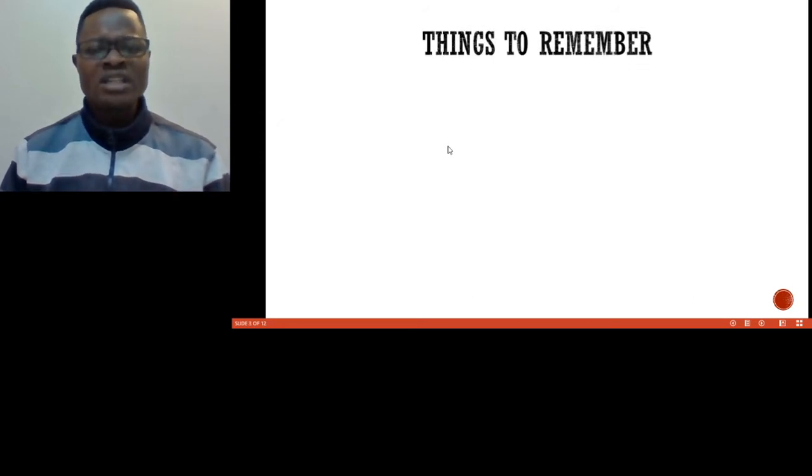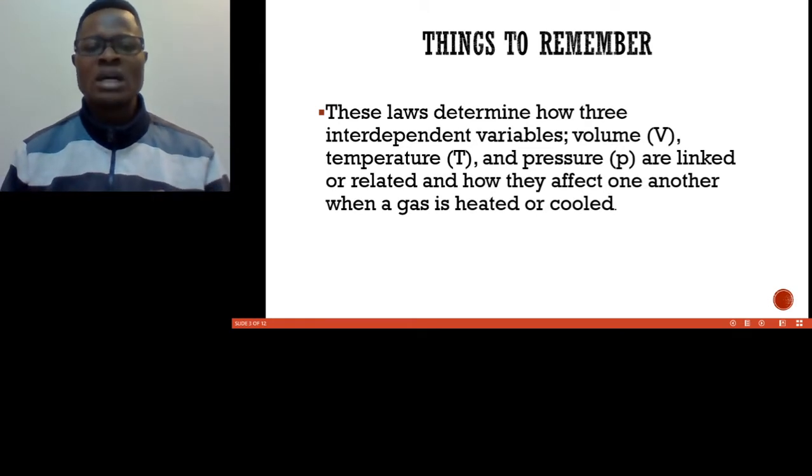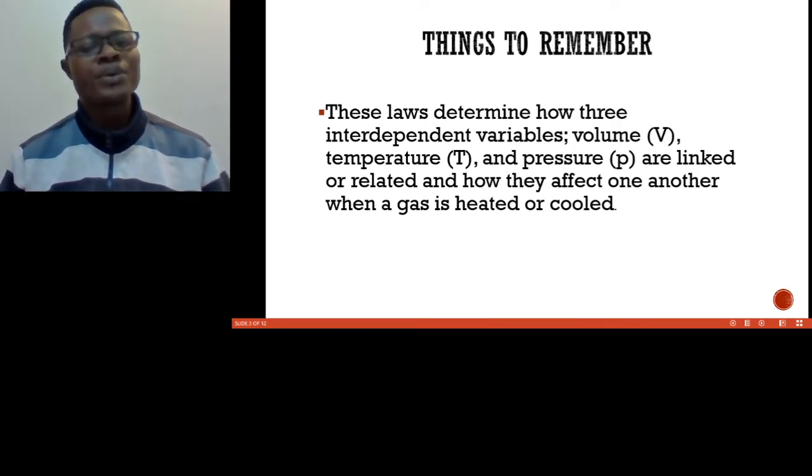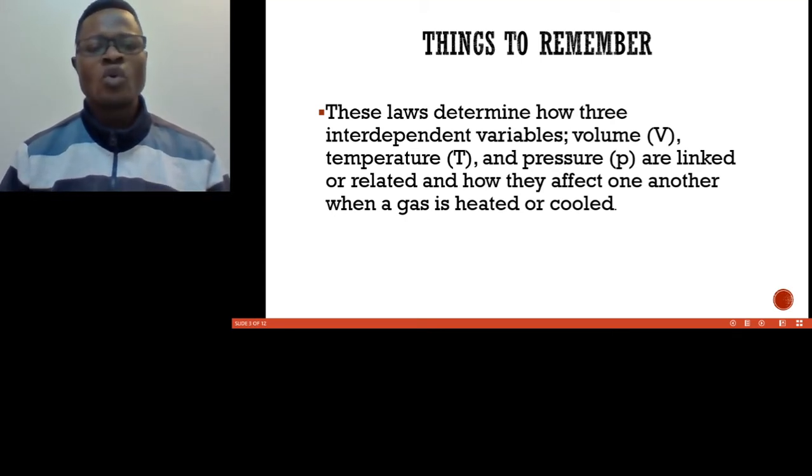Now, there are things that we have to remember when we talk about gas laws. These laws determine how three interdependent variables, that is the volume, the temperature, and the pressure, are linked or related, and how they affect one another when a gas is heated or when a gas is cooled.